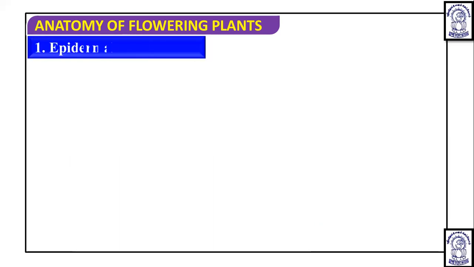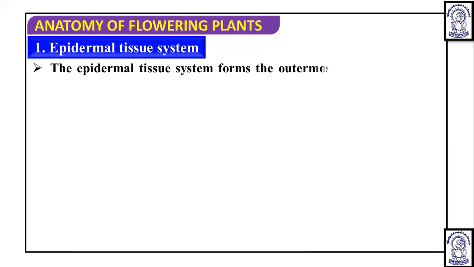When we talk about the first tissue system, that is the epidermal tissue system, dear students, it is going to include the epidermis and the structures or components associated with the epidermis. We know that the epidermis is the outermost covering of the whole plant body.